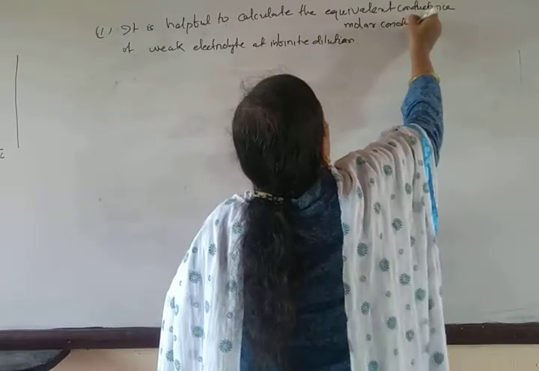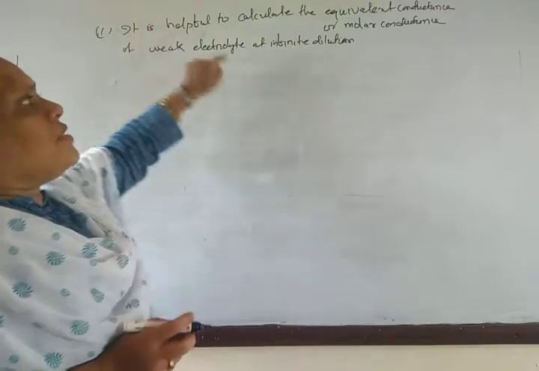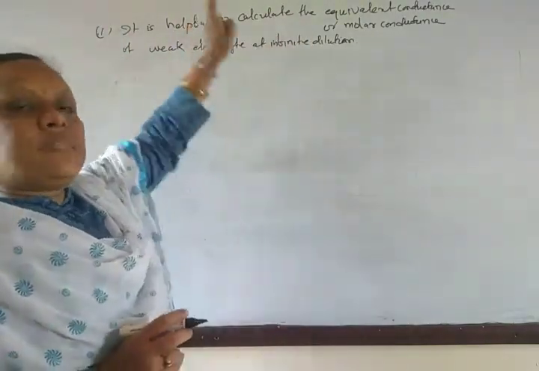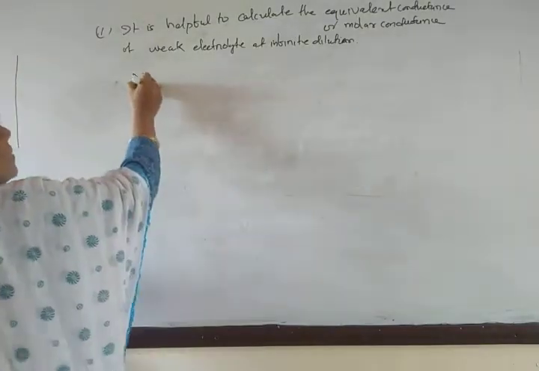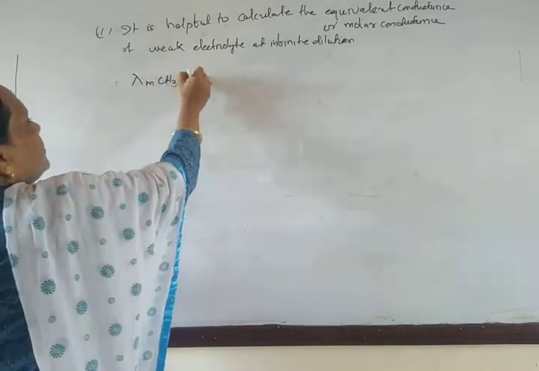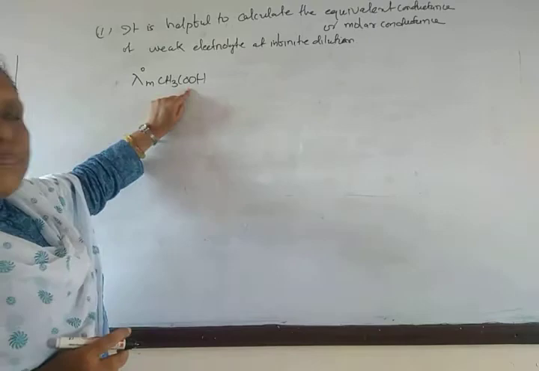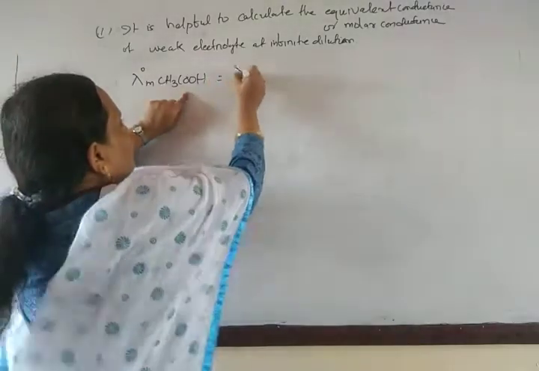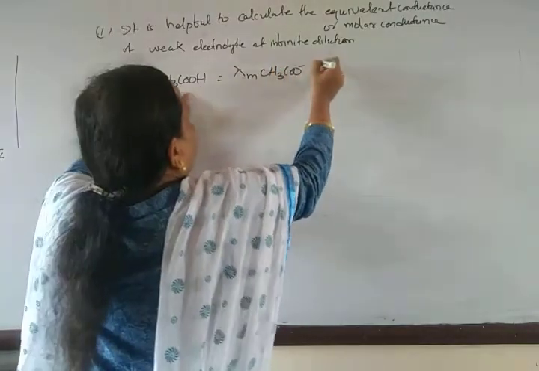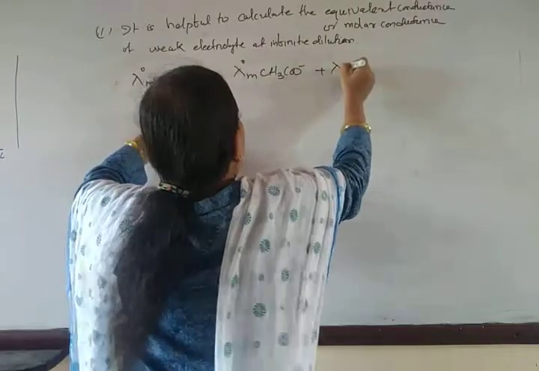So it is helpful to calculate the equivalent or molar conductance of an electrolyte at infinite dilution, which cannot be determined experimentally. For example, suppose you consider the molar conductance of acetic acid at infinite dilution. This value is equal to lambda m CH3COO minus plus lambda m H plus.